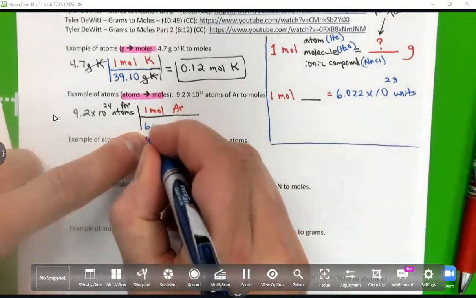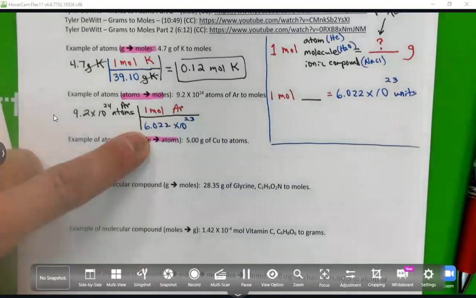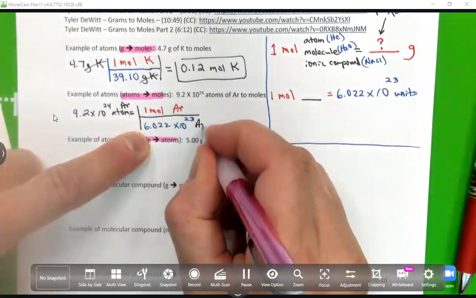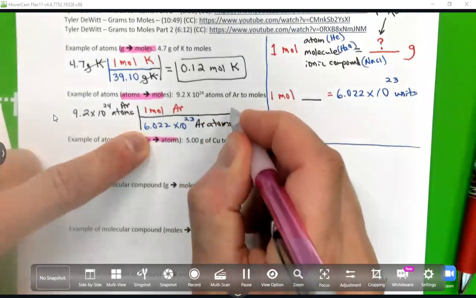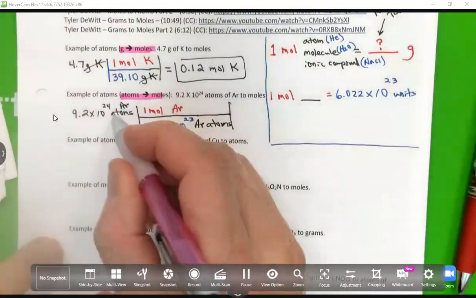So 6.022 times 10 to the 23rd. Got it. My atoms cross out.